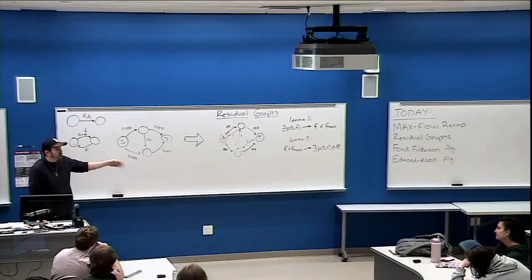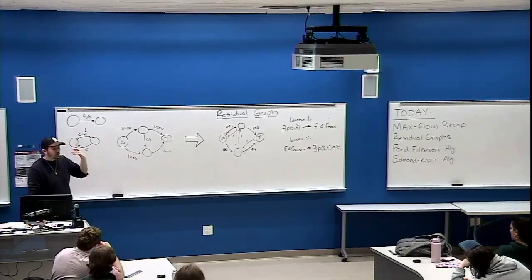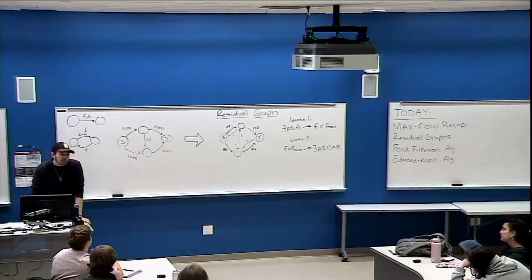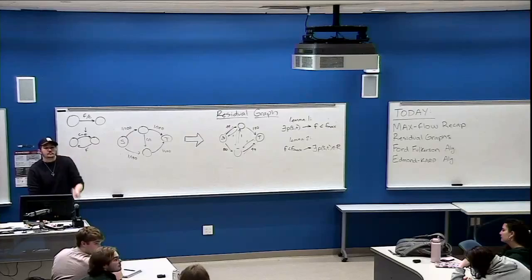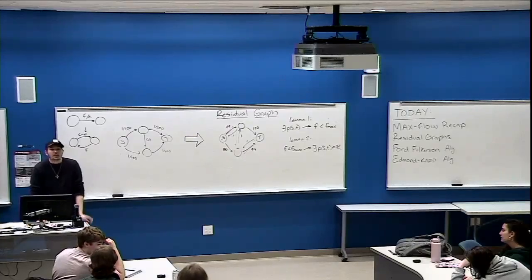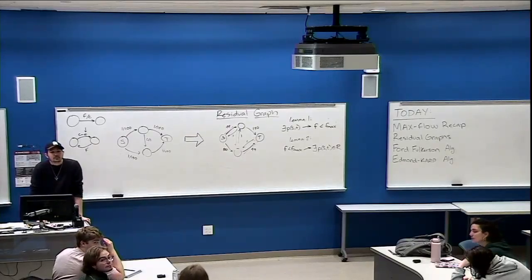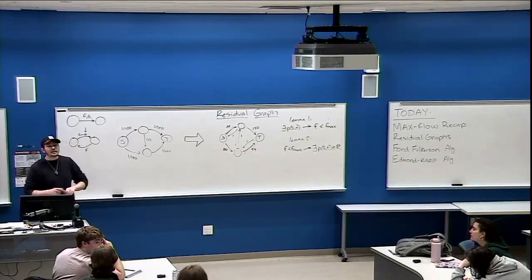In this case, it's 200, but more generally, it's going to be the same as the maximum flow. And how much time does it take me to find an augmenting path? Remember, I'm using DFS. It's going to be E plus V in general.